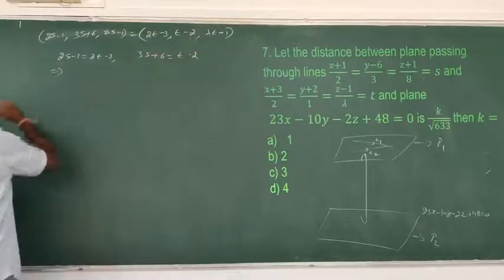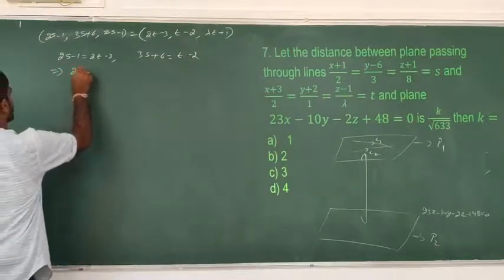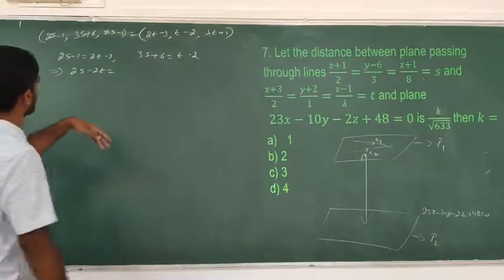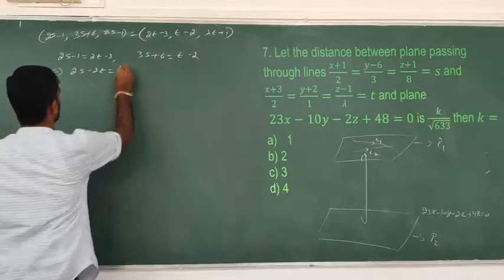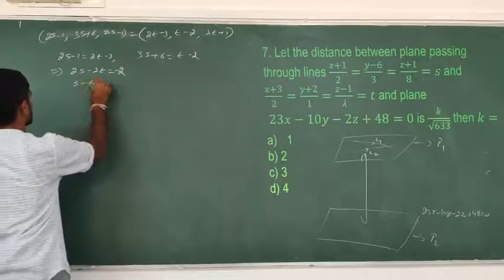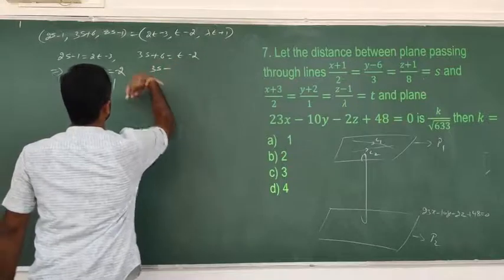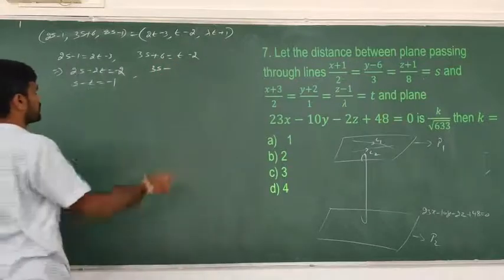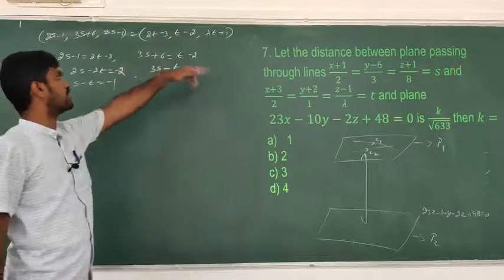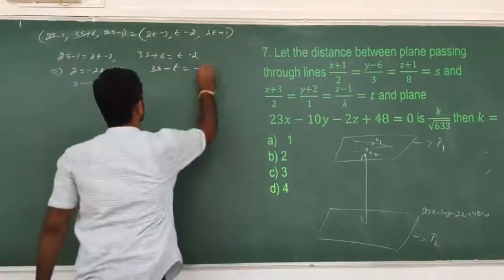So this implies 2s minus 2t is equal to, just transferring this minus 1 to the right hand side, it becomes plus 1, minus 3 plus 1 is minus 2. So s minus t is equal to minus 1. Here 3s minus t is equal to, just transfer this 6 to the right hand side, it becomes minus 6, minus 2 minus 6 is minus 8.